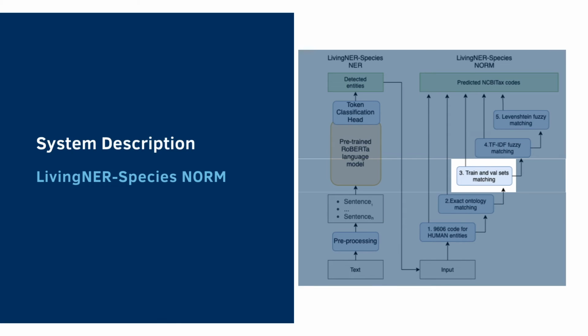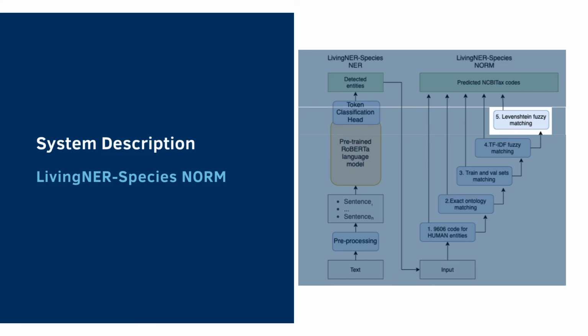In the third step, the system performs exact string matching against the entities in the training and validation sets. The unmatched mentions are then encoded into numerical vectors with term frequency and inverse document frequency in order to get most similar terms by calculating cosine similarity with TF-IDF encoded taxonomy descriptions.